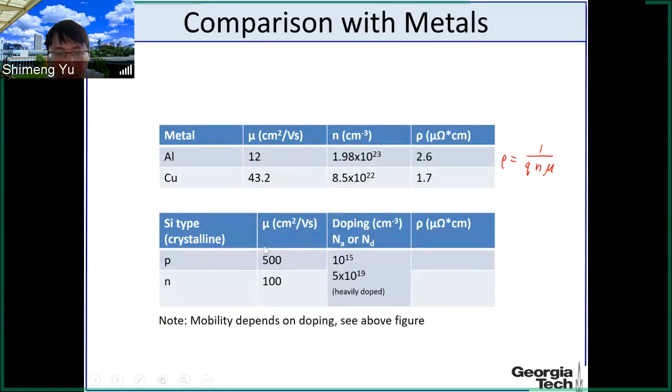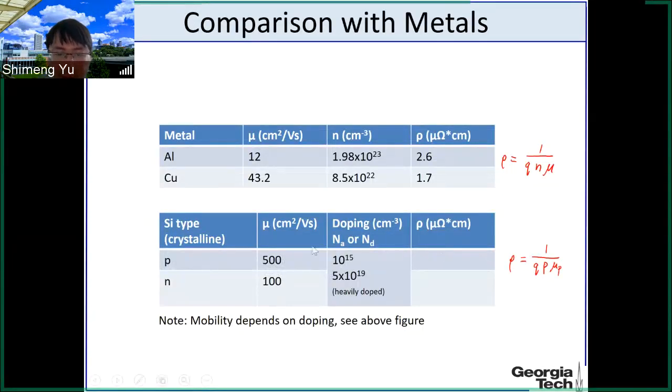And then the mobility is 470, or let's say roughly 500. And then what is the resistivity for this p-type silicon? Then we consider p-type, so you only need to consider the holes: it is 1 over q, hole density p, and mobility mu p.